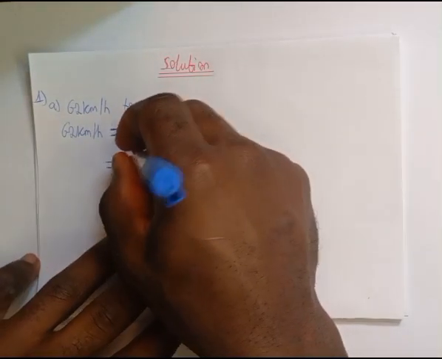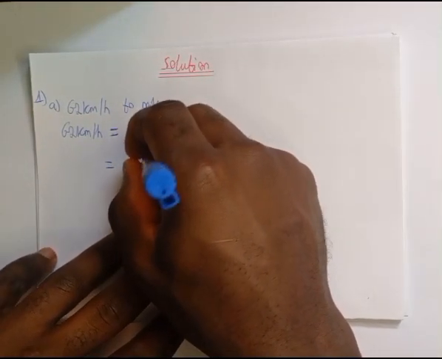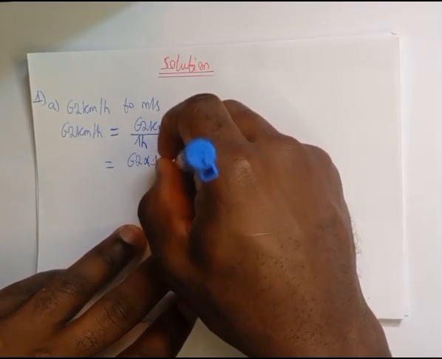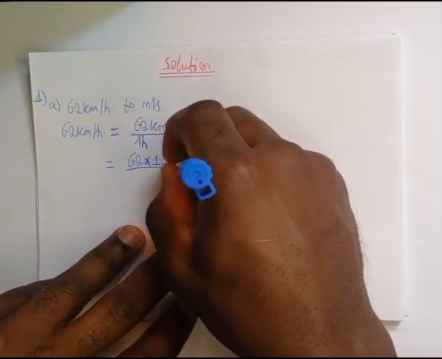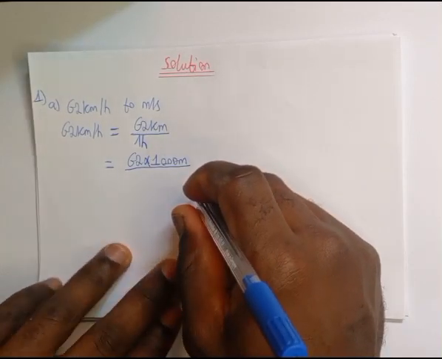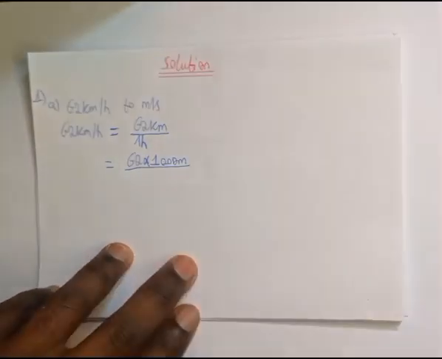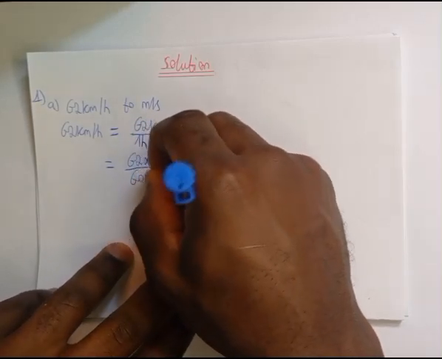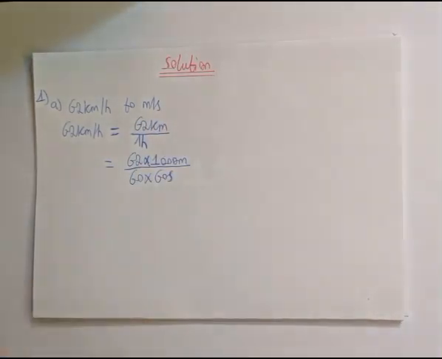This is simply equal to 62 times 1000 meters, since 1 kilometer is equal to 1000 meters, divided by 1 hour, which is the same as 60 times 60 seconds, since we know 60 minutes make 1 hour and 60 seconds make 1 minute. We can proceed with the simplification.